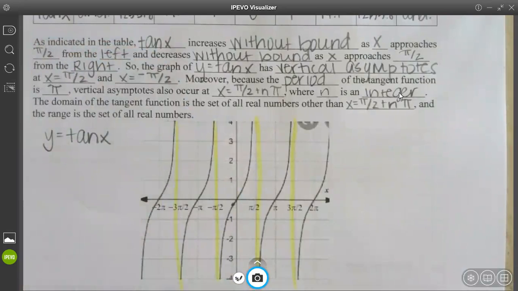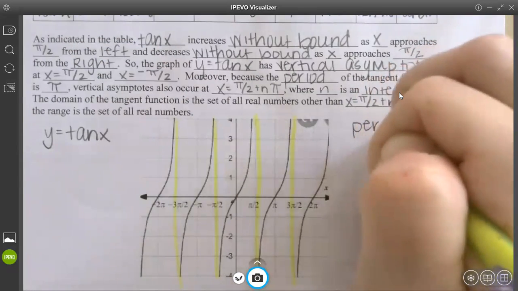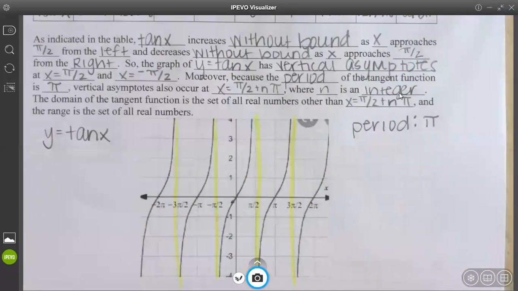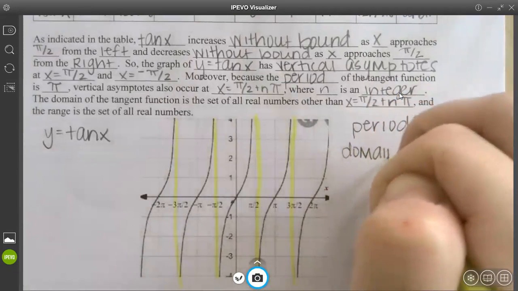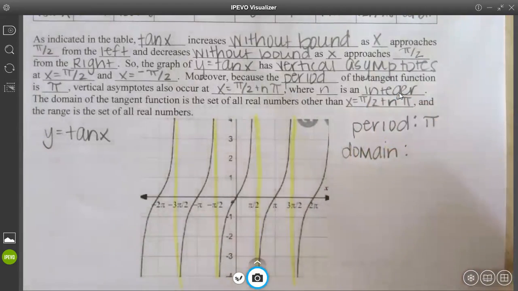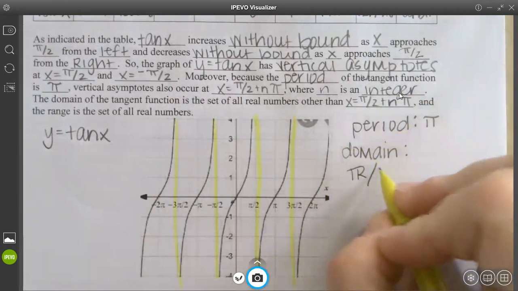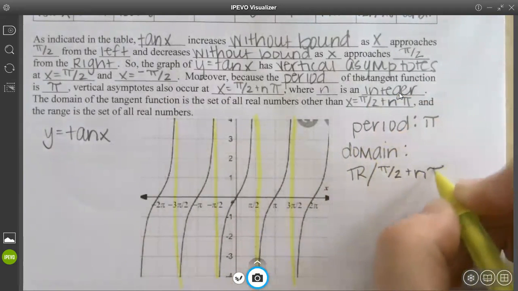Okay. So if we're doing y equals tan x, your period is pi. Your domain is all reals, except for pi over 2 plus n pi.